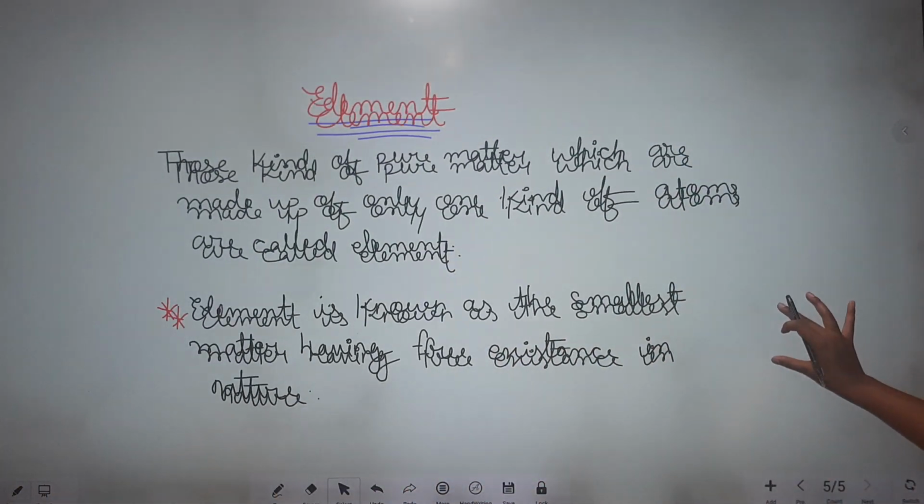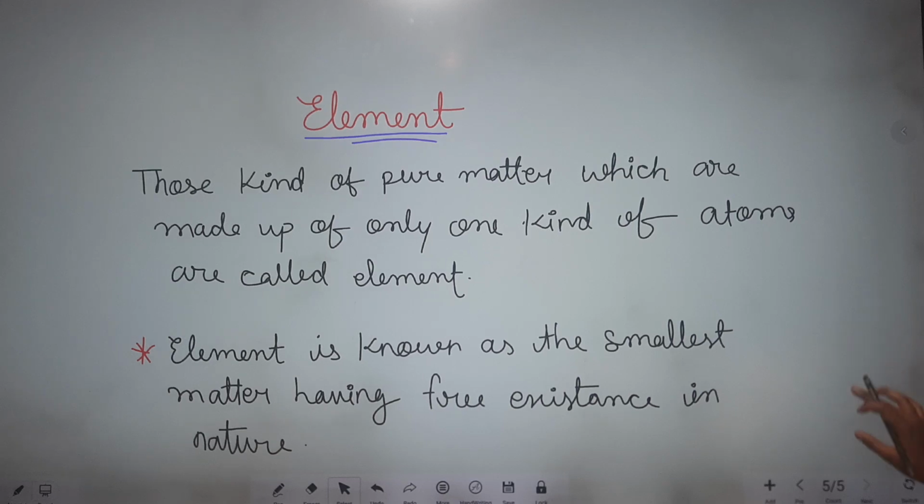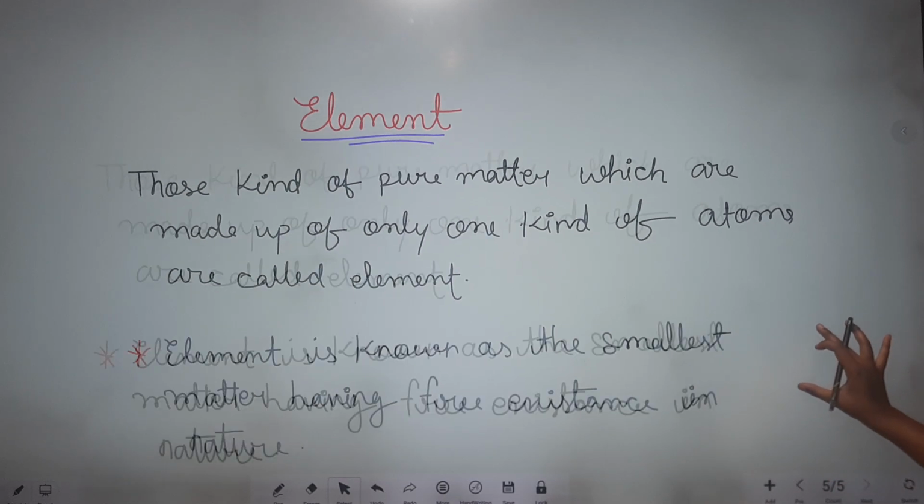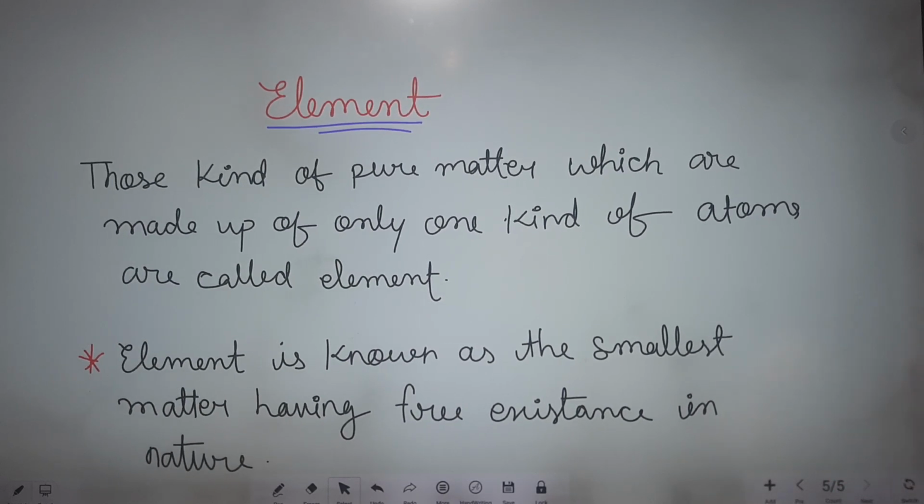What is element? Those kinds of pure matter which are made up of only one kind of atom are called element.